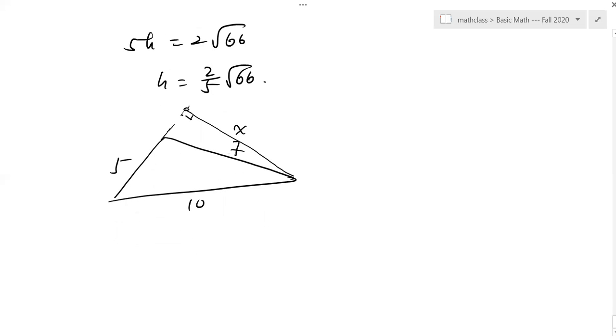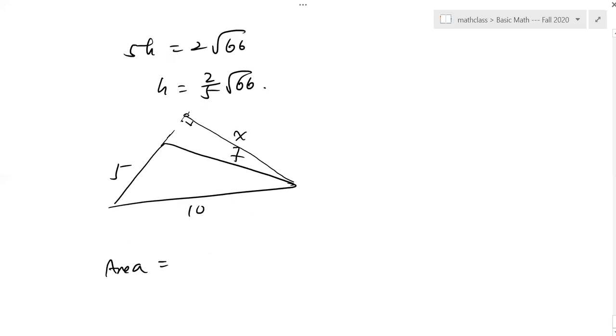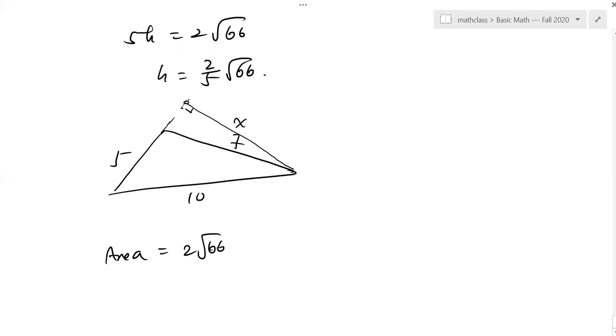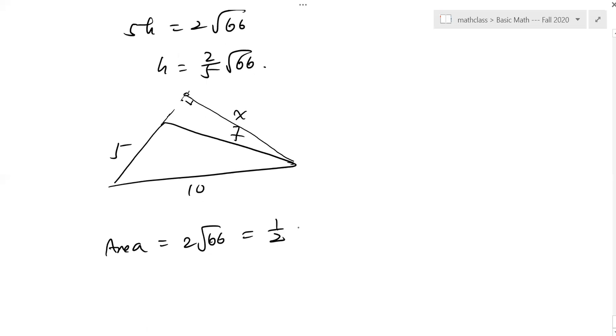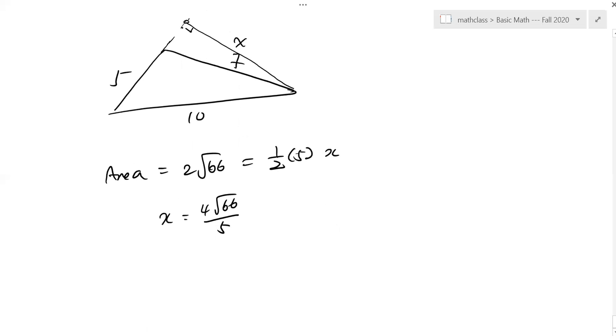Then I can find x also, because the area of the triangle is 2 times square root of 66, and it is also half of the base times the height. So therefore x is going to be 4 square root of 66 divided by 5. Yeah, that's a pretty strange number, but you can get all the heights.